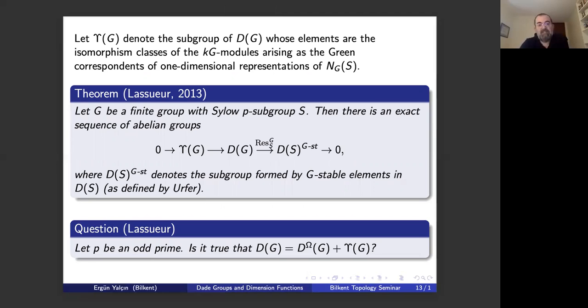So Gamma(G) appears as the kernel of the restriction from the Dade group Lassueur defines to the definition given by Urfer, which is a surjective map. That kernel is Gamma(G). So there is an open question by Lassueur whether D(G) is generated by D^Omega up to this kernel, which is not answered yet. But assuming that Lassueur's question has an affirmative answer, one should still focus on D^Omega(G). Understanding D^Omega(G) is the more important part of this.